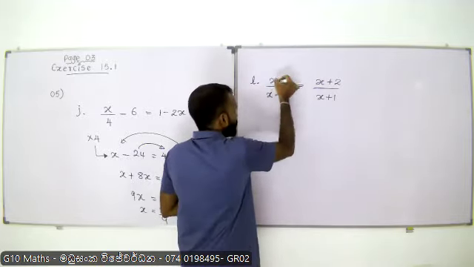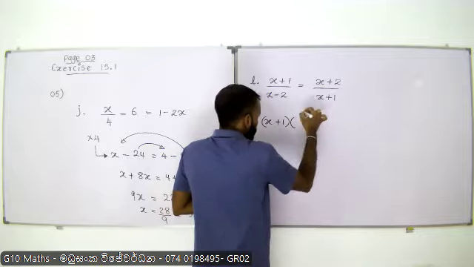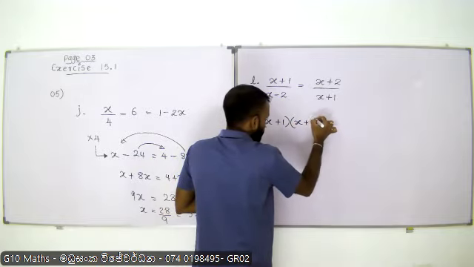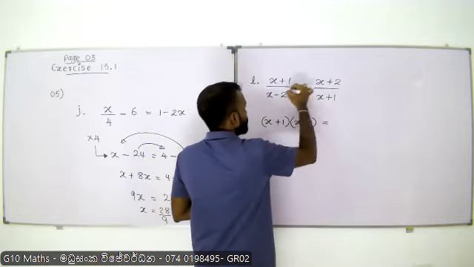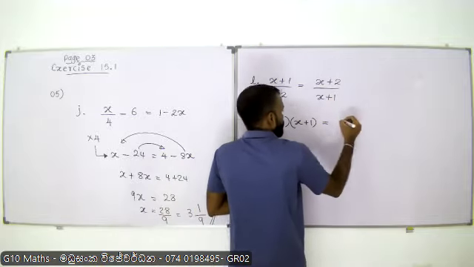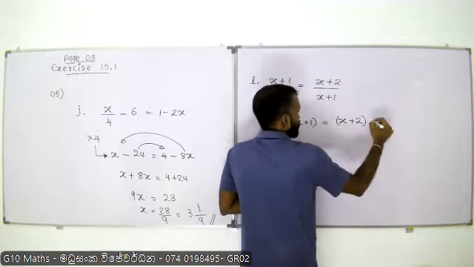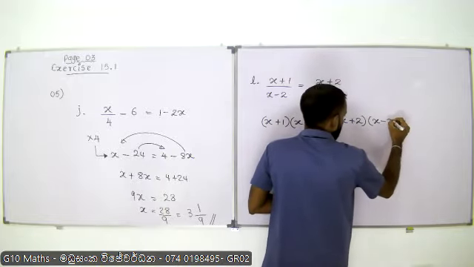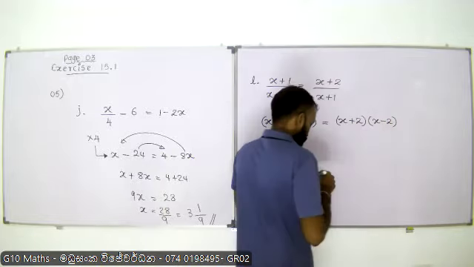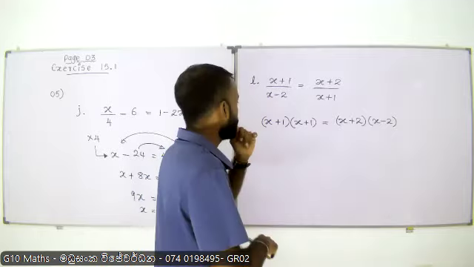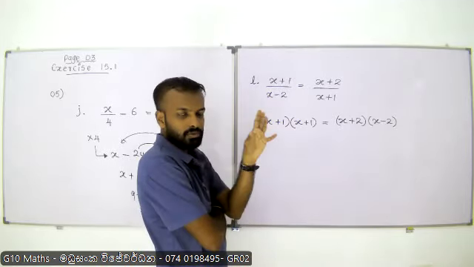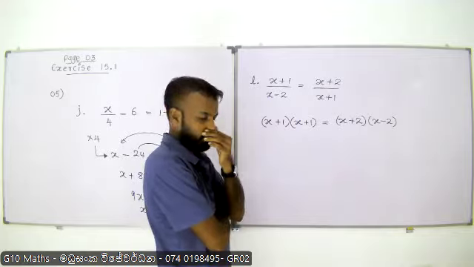So here x plus 1 multiplied by x plus 1, that means x plus 1 to the power 2. Here x plus 2 and x minus 2, cross multiplication. I'm not going to explain the logic behind cross multiplication, as I have done it earlier. So this is the thing you can obtain.